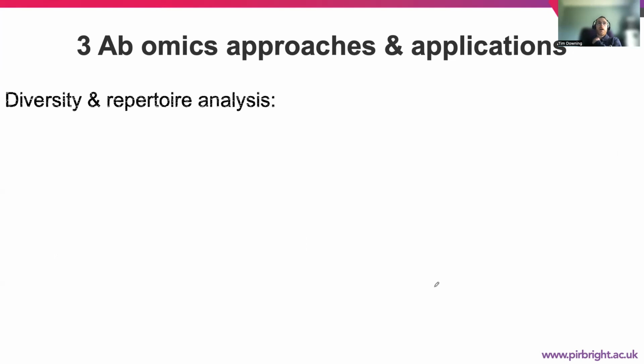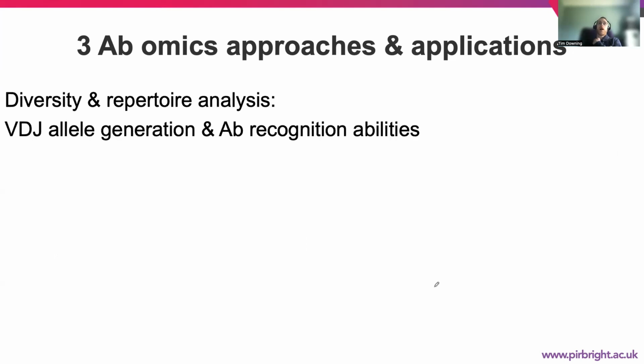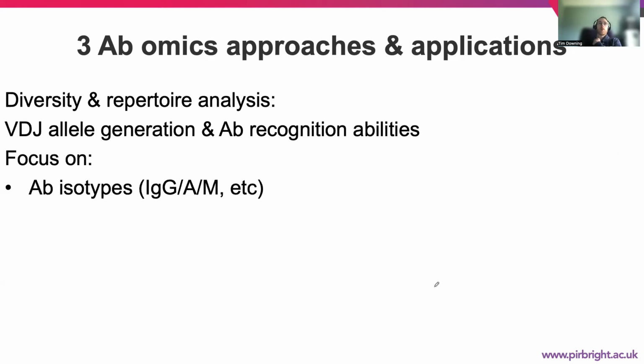So a key to that will be looking at these VDJ alleles that are produced and the antibody recognition abilities that they have. The focus will be on looking at the antibody isotypes, IgG, IgM, IgD, and so on.